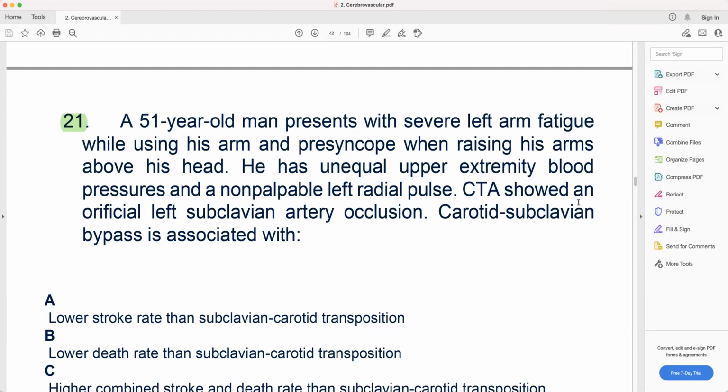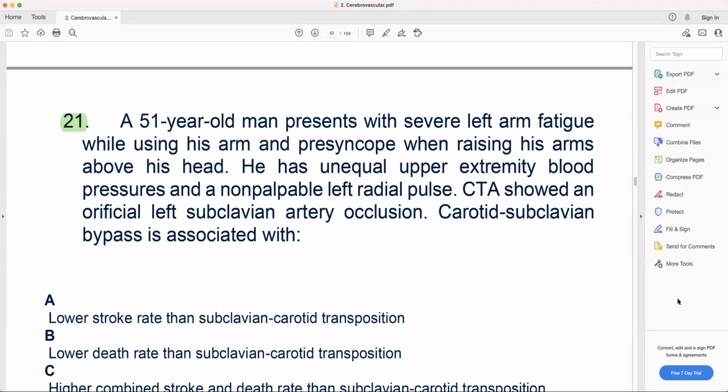A 51-year-old man presents with severe left arm fatigue while using his arm and pre-syncope when raising his arm above his head. He has unequal upper extremity blood pressure and a non-palpable left radial pulse.